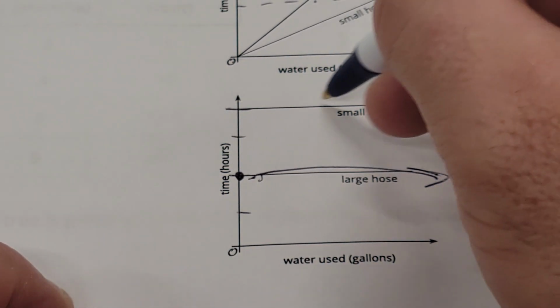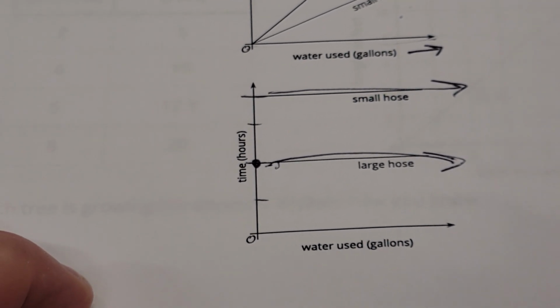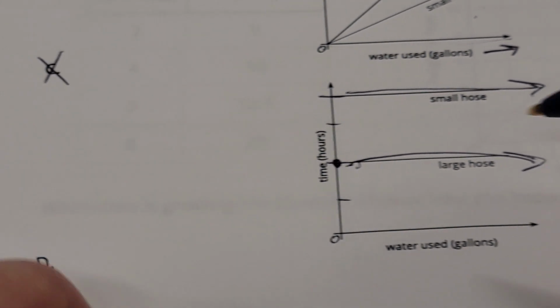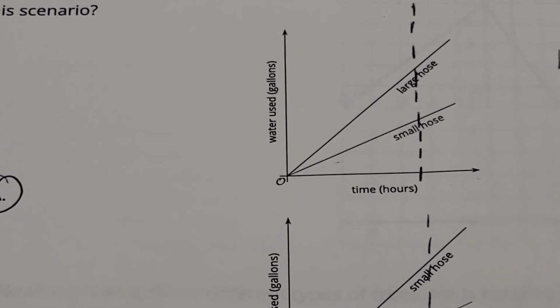And at 4 hours, this pool goes boom, just instantly full of water. Don't know how that's possible, so I don't like that graph. Doesn't work out. So graph A is the correct graph here.